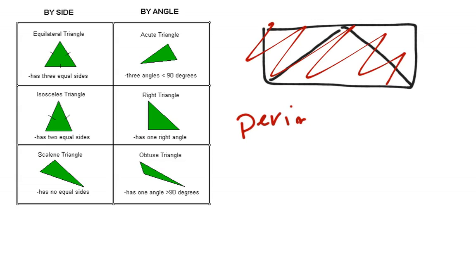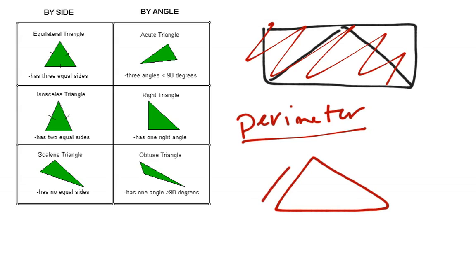All right, and last piece of key information is, if you recall what perimeter means, that's the distance around a figure, so around a triangle, it would be, if you walked all the way around, it would be the distance.